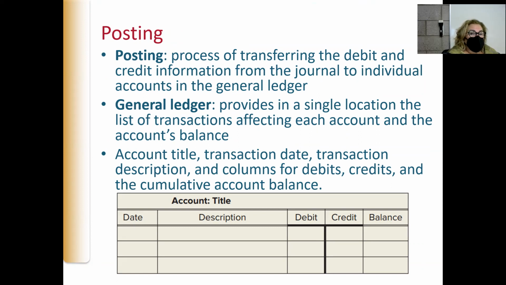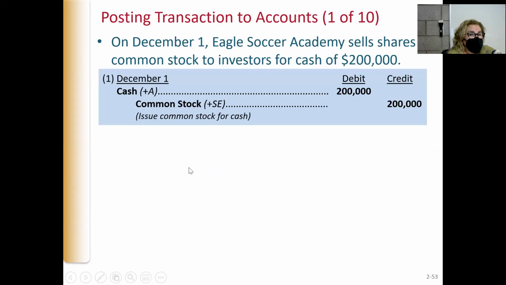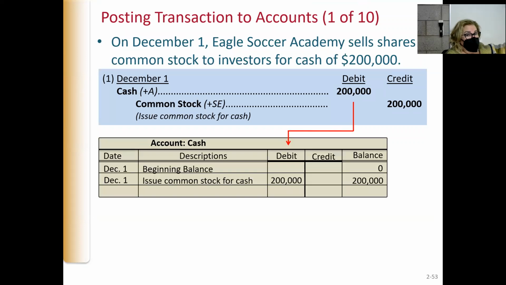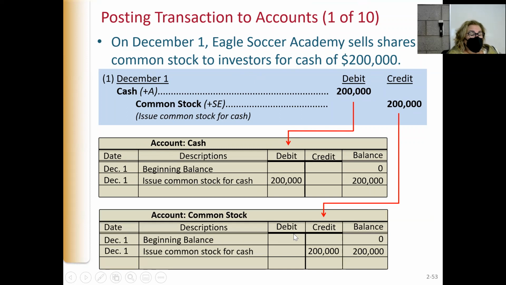So basically it's just transferring the debit and credit information right to the account. So this first transaction, we received 200,000 cash and our common stock increased 200,000. The cash account, we will debit for 200,000. The common stock account, we will credit for 200,000.